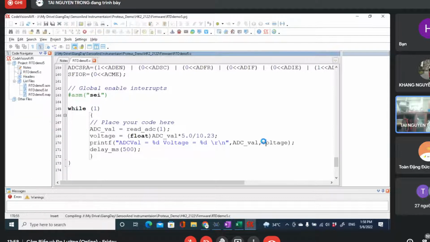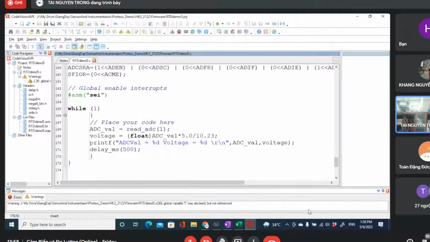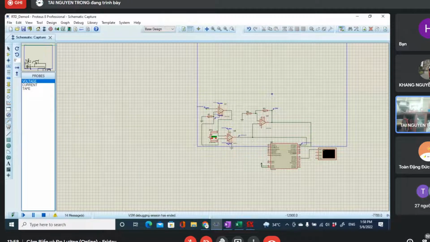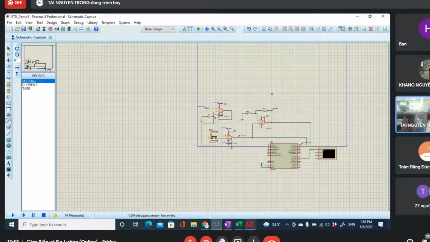Okay, I convert this into linear integer value. We take integer first.